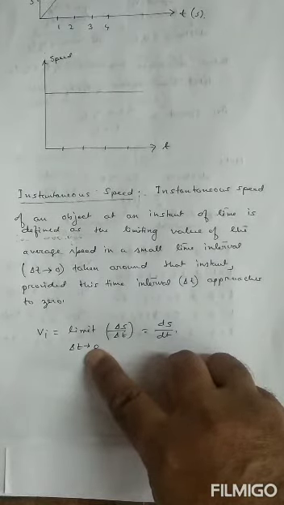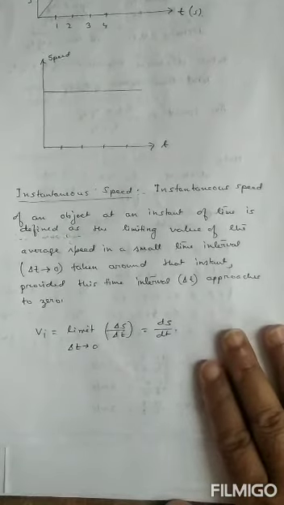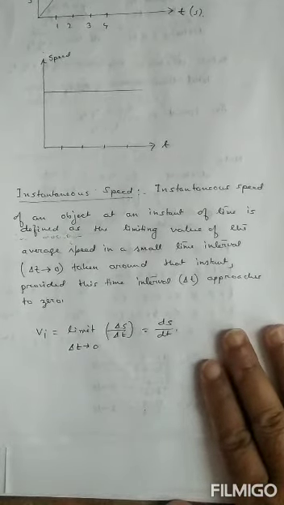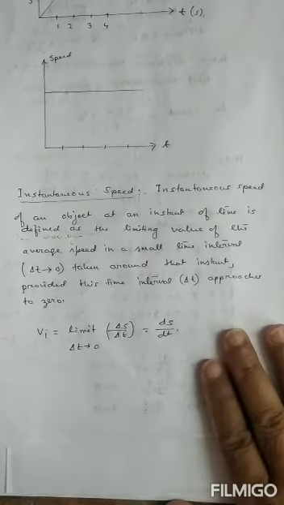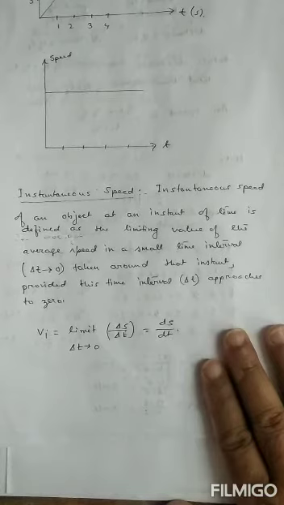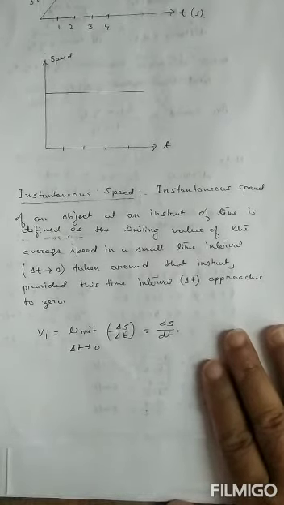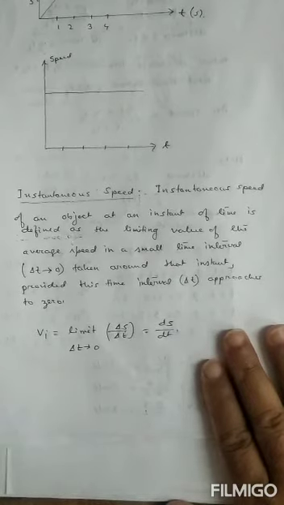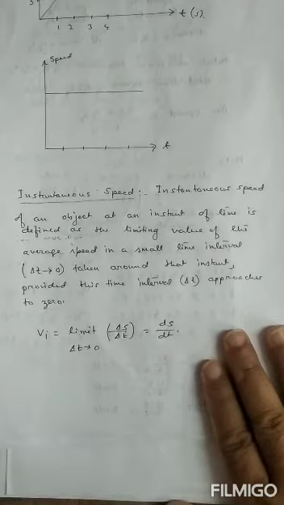Speed at a particular instant. Initially, we take the interval 0 to 1 second, 1 to 2 second, 2 to 3 second. Instead of taking 1 to 2 second, if I take the interval 1 second to 1.00001 second, what is the time interval? 0.00001.